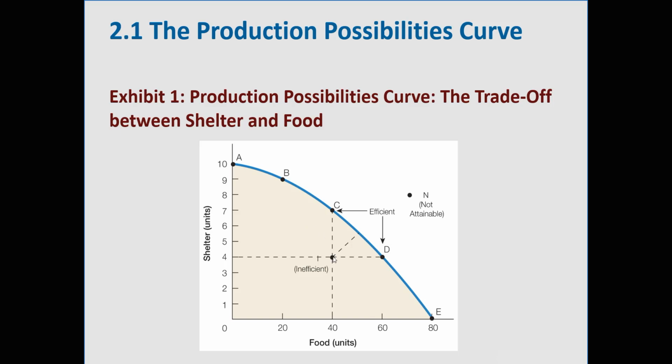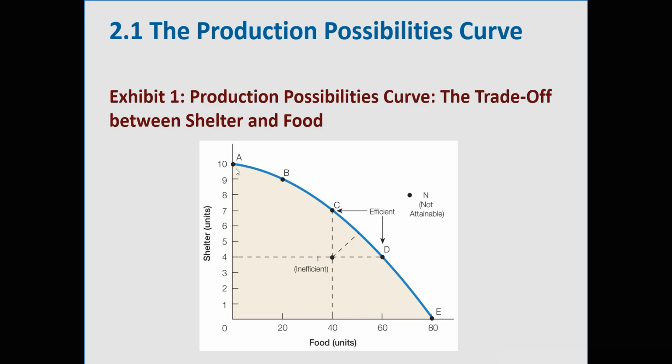For example, you can produce 40 units of food and 4 units of shelter. However, this implies you are not using all your resources because you could simultaneously increase the amount of food and shelter without sacrificing anything.